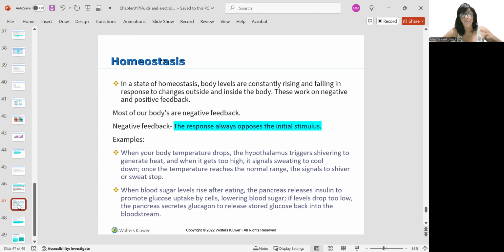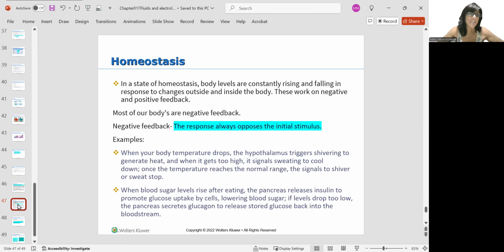Another example of negative feedback, blood sugar. You go eat a cheesecake. Shouldn't eat a whole cheesecake, but let's say you do. Blood sugar is now high. The pancreas says, uh-oh, blood sugar's high. We need to get the sugar out of the blood and to the cells. So it releases insulin. Insulin gets the sugar, feeds it to the cells, and your blood sugar goes down.